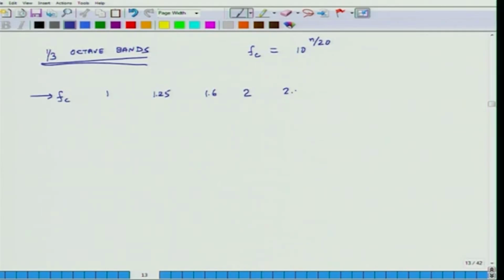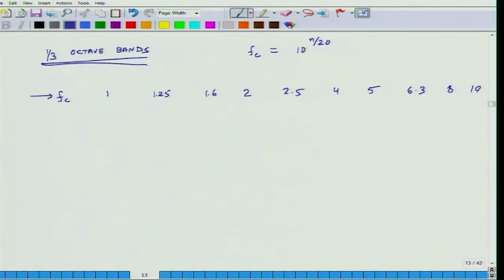So 2, 2.5, so I am writing down approximate values, 4, 5, 6.3, 8, and when n is equal to 10, it becomes 10 Hertz, okay.